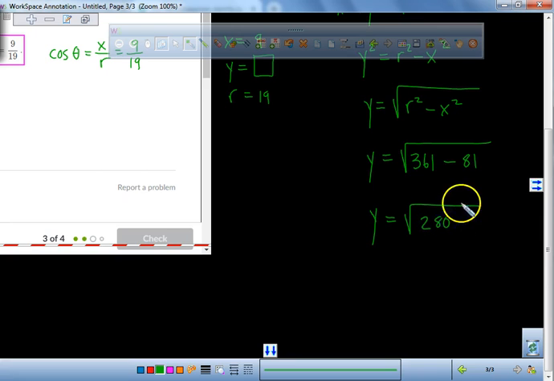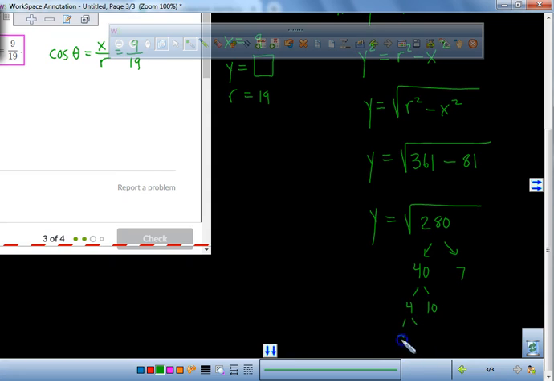280. Now, guys, we're going to learn how to simplify this radical. We're going to be looking for two numbers that multiply together to equal 280. So I know that 4 times 7 is 28, so 40 times 7 is 280. Now from here, what two numbers multiply together to equal 40? I'm going to go with a 4 and a 10.